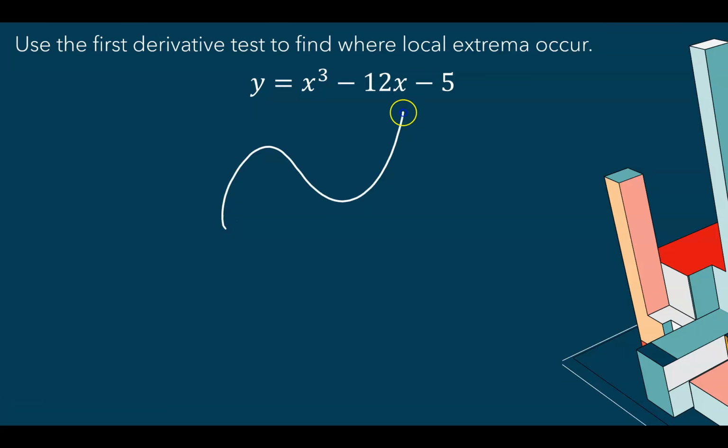Now, you should already know x cubed minus 12x minus 5 has a general shape like this. So it's not going to have an absolute maximum or minimum. The best we can do is a local maximum and a local minimum, and I'm expecting to find a local maximum to the left of a local minimum. But our job is to find and prove all of that.